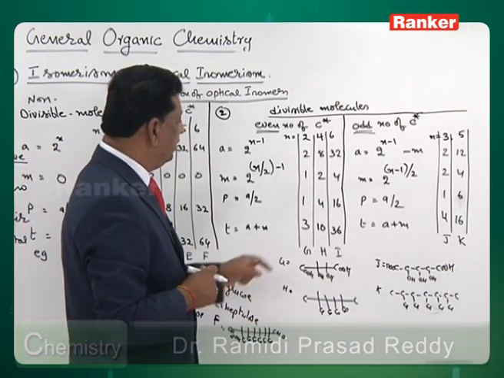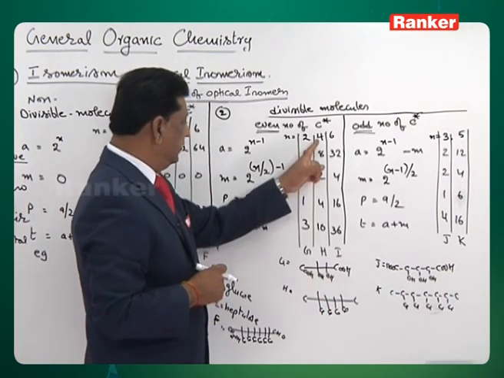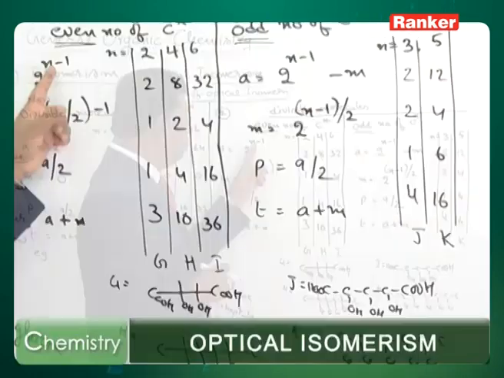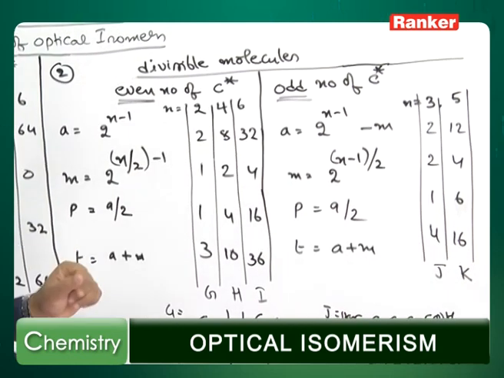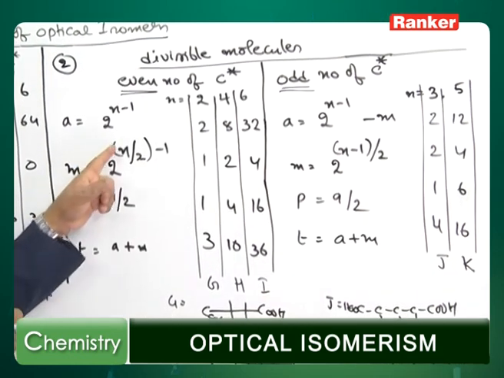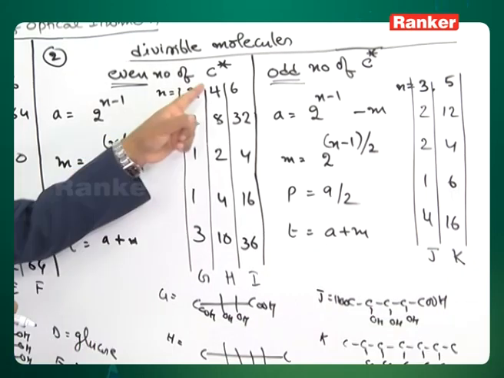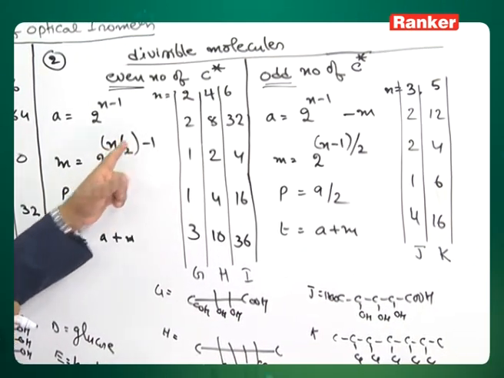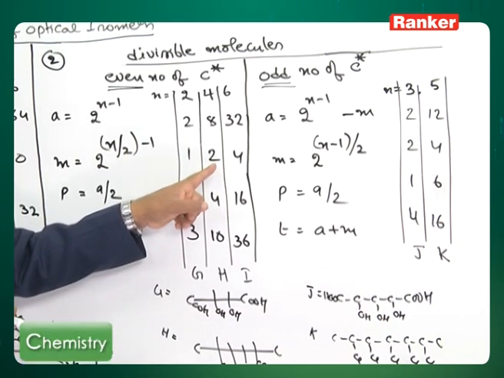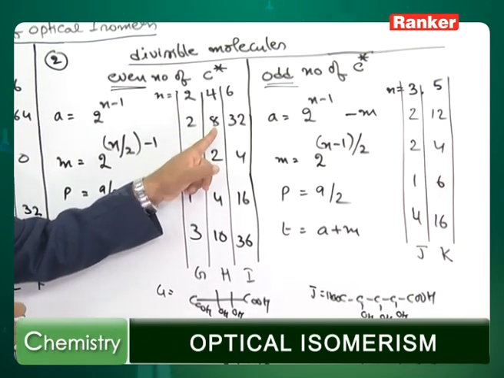We have to calculate, for example, 4 chiral centers: 2 to the power of 4 minus 1, 3. 2 to the power of 3 means 8 active members will be there. Meso compounds: chiral carbons 4, 4 by 2, 2, 2 minus 1, 1, 2 to the power of 1 means 2 isomers. So, 2 meso compounds, 8 active members.